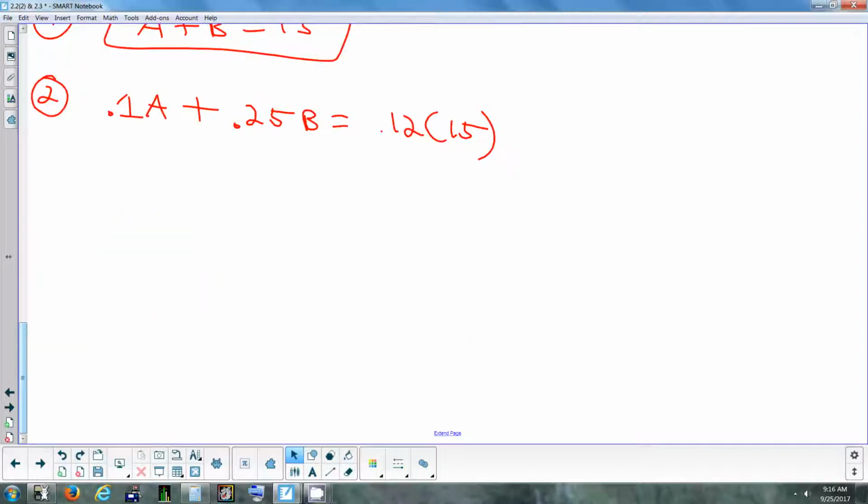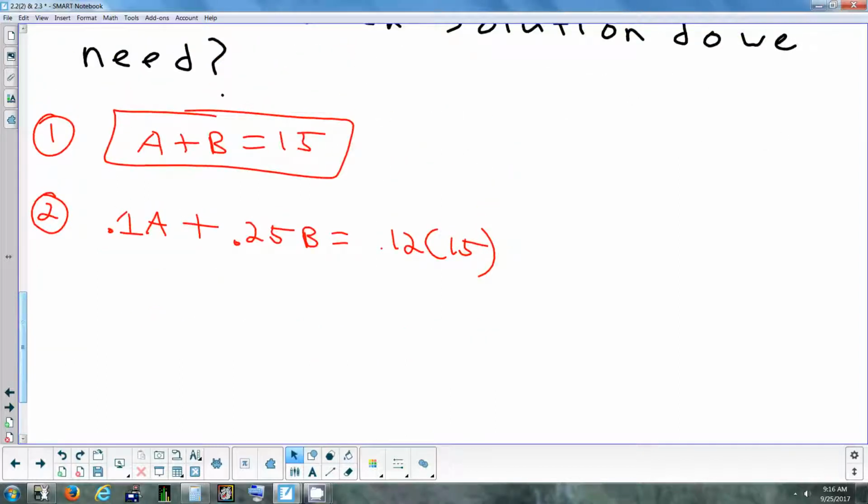Right, now I'm going to do substitution right away. So let's substitute in for A. What does A equal using the above equation? Sam? It's 15 minus B. And you could have done that part in your head if you wanted to, but if you want to do it, it's two parts, that's fine.